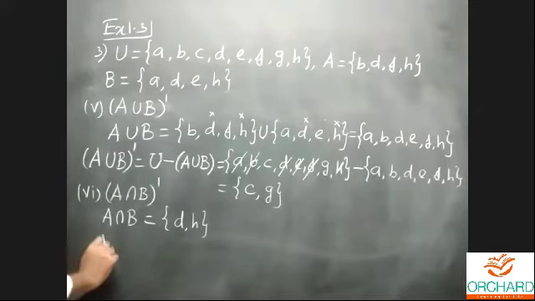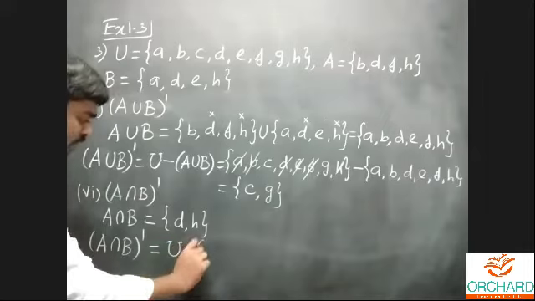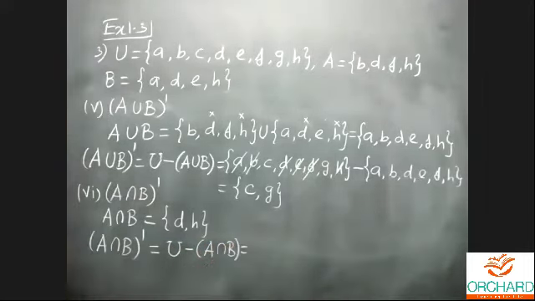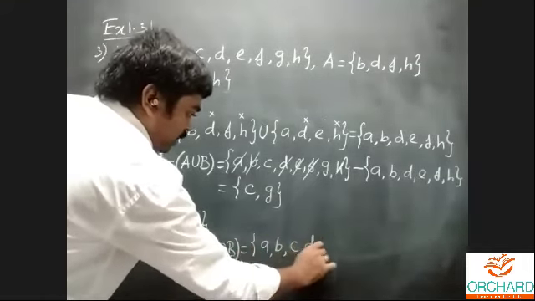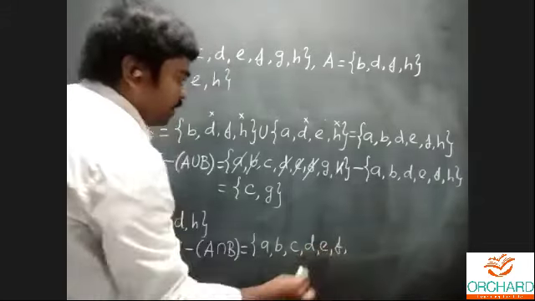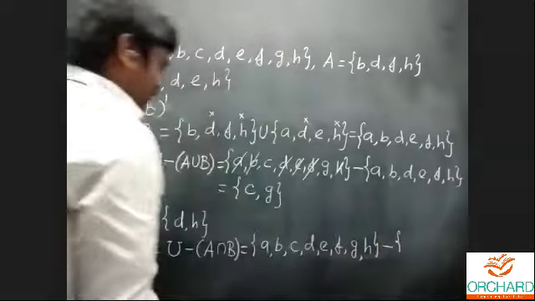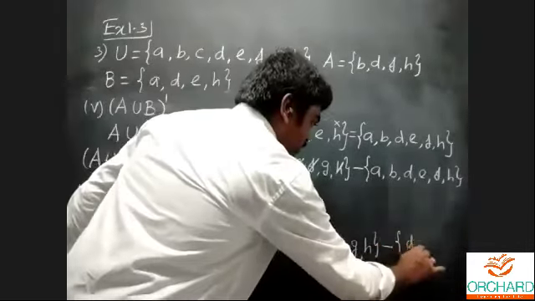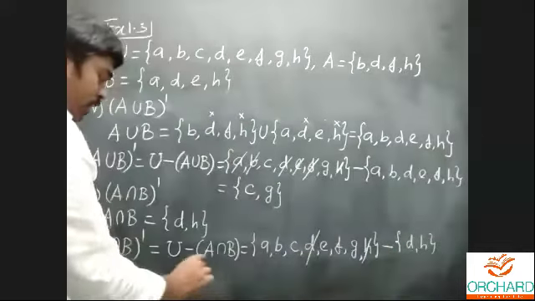Next, (A intersection B)' is nothing but the universal set difference A intersection B. Write down the elements of the universal set: A, B, C, D, E, F, G, H. Then difference A intersection B. That A intersection B is D, H. Just strike out these elements D and H and write down the remaining elements.